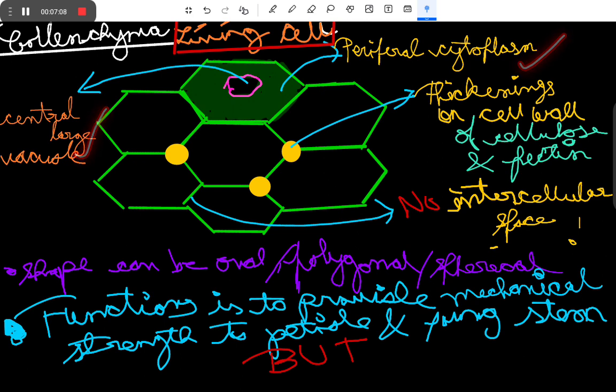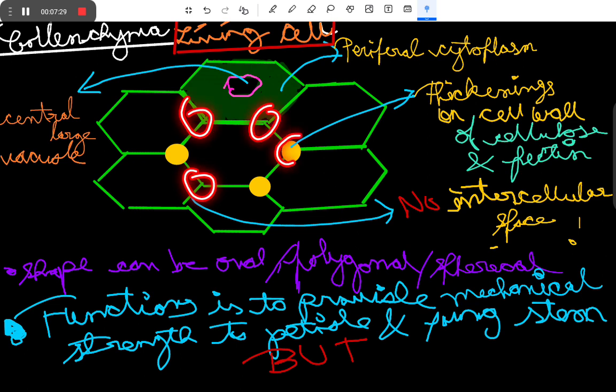These two are interconnected. Now, at some places yellow dots are seen. These are thickenings on the cell wall, and they are usually of cellulose and pectin. Know that. Due to their polygonal shape, there is no intercellular space.